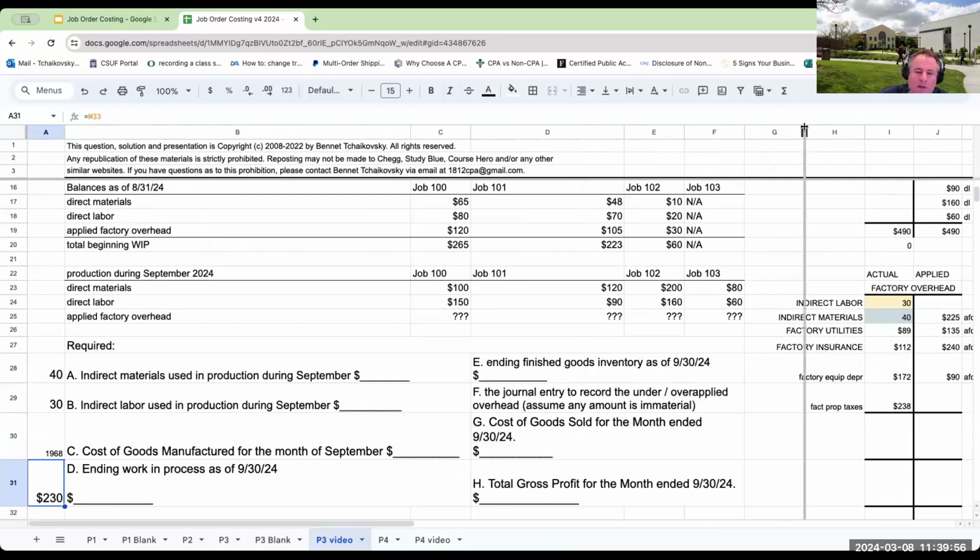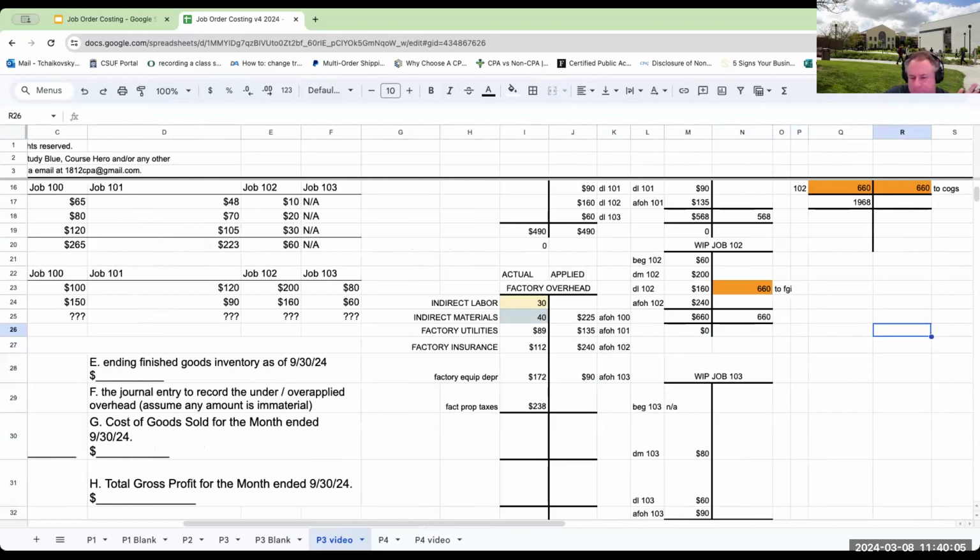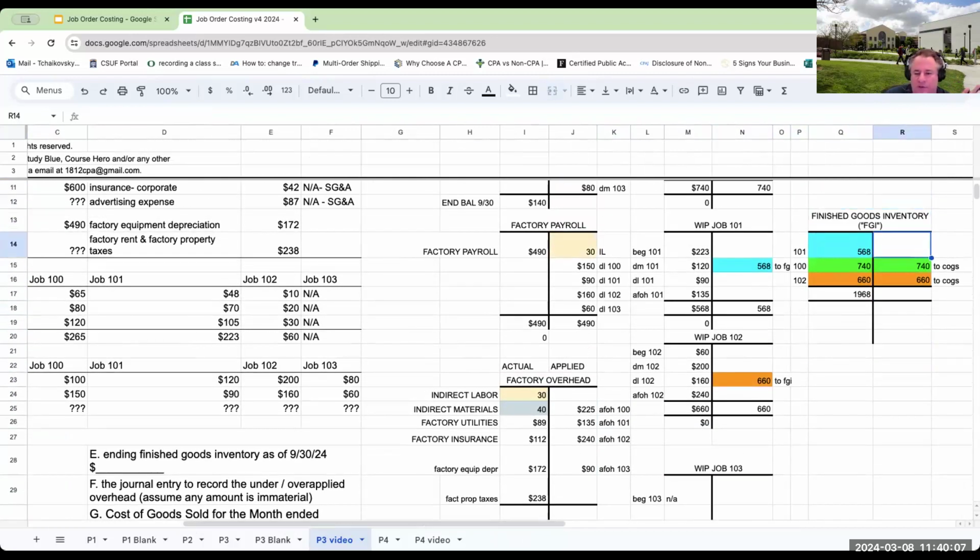Okay. Now, next one over here is what is my ending finished goods inventory? Well, the ending finished goods inventory, if you think about it, should be just job 101. Why is that? Because it was completed but not sold.